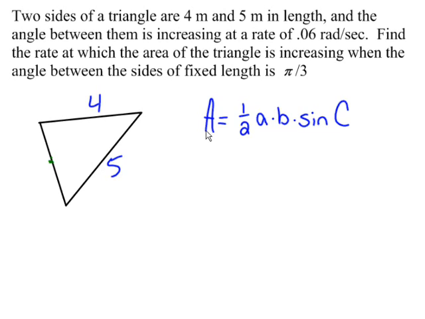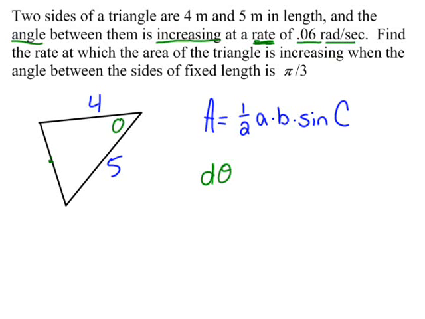So please don't think that this side over here is 3 units long. All right. Then we need to say what is going on with our problem. So we've got increasing rate 0.06 radians per second. What is that? Well, it's a rate, so it's a derivative, right? Our angle is increasing, so it's the derivative of our angle.